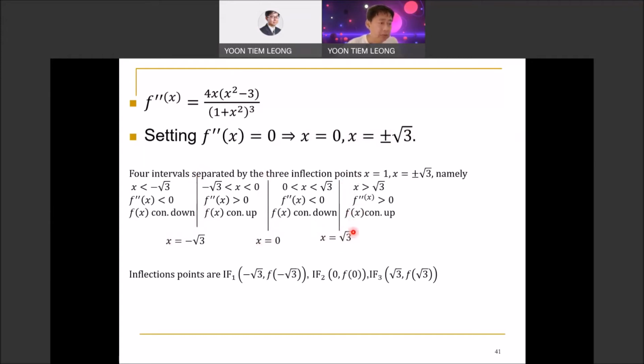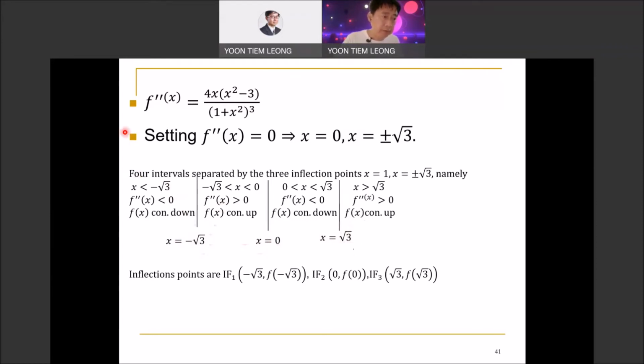Then it is very easy to check the sign of f double prime on the left or right of each of these points. By checking the sign of the function on the left and right of these 3 points, you'll be able to tell the concavity of the function.